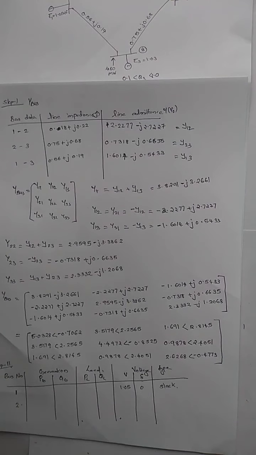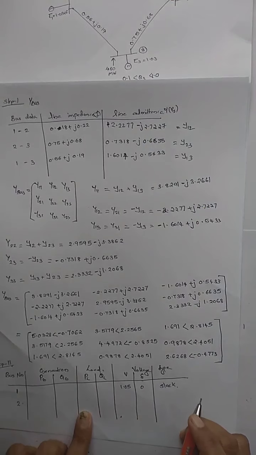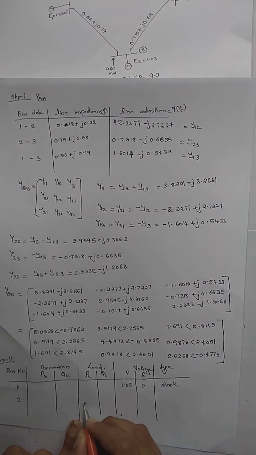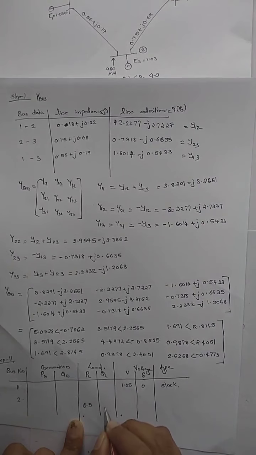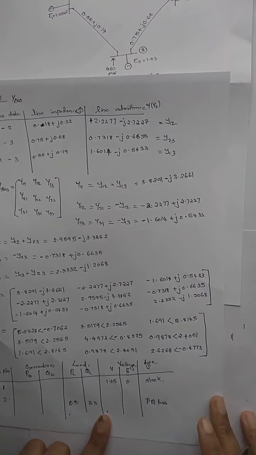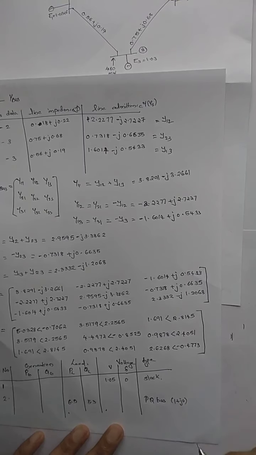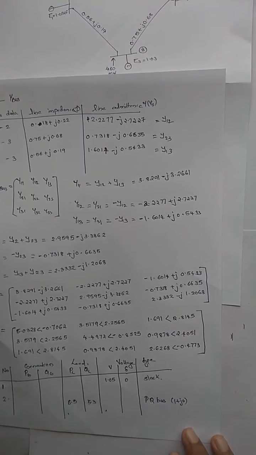This is load, so I have to fill it under PL and QL, so PL and QL are 6.5 and 5.3. No other values are given, so this is a PQ bus, and I have to assume the value of voltage as 1 plus j0.